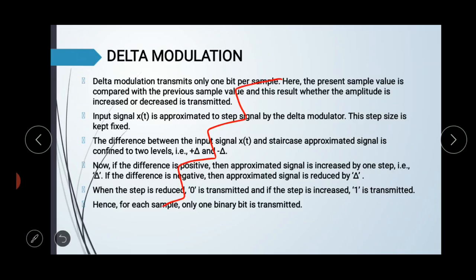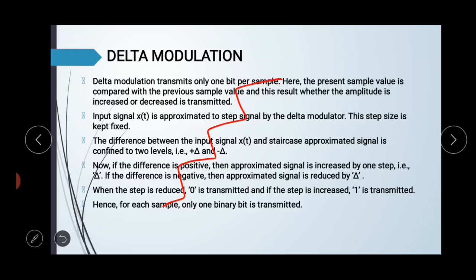So the difference between the input signal and staircase approximated signal is given as plus delta or minus delta. If the difference is positive, then approximated signal is increased by one step, means we can say plus delta. If the difference is negative, then approximated signal is reduced by delta.